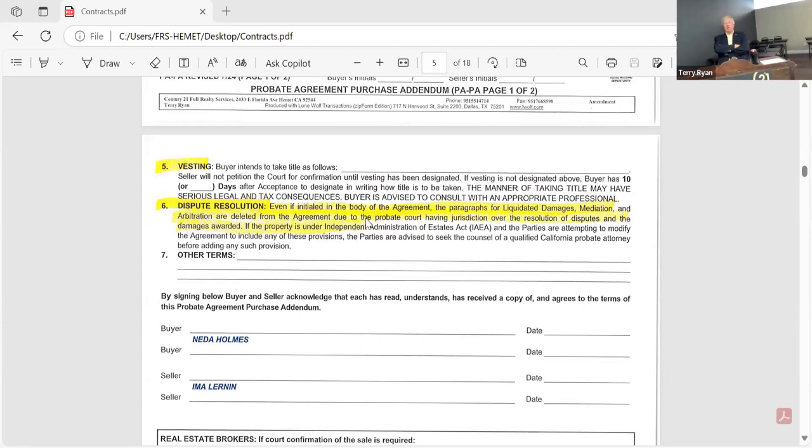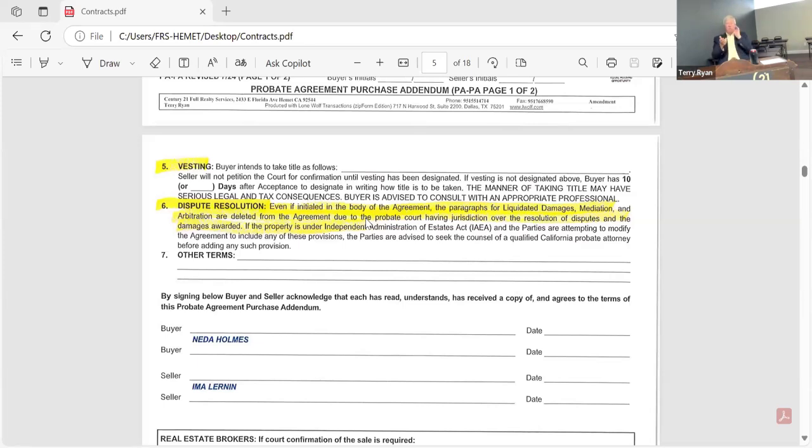Now, if you read that liquidated damages clause carefully, it does not necessarily say probate, but it does establish the fact that liquidated damages only applies when there is no court involvement.